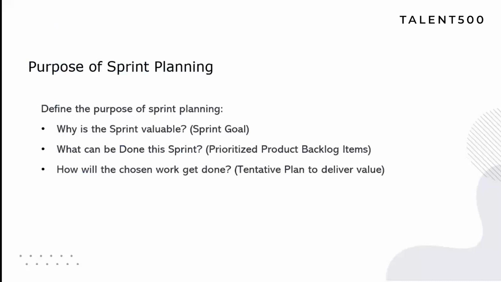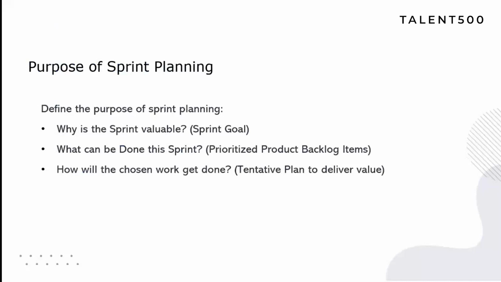Now let's talk about why the sprint is valuable. The product owner proposes how the product could increase its value and utility in the current sprint. The whole Scrum team then collaborates to define the sprint goal that communicates why the sprint is valuable to the stakeholders, which means the sprint goal gives the answer to why the sprint is valuable. And where is the sprint goal coming from?